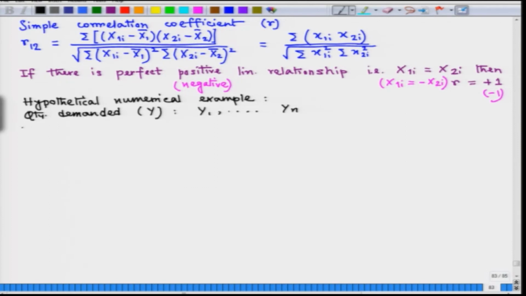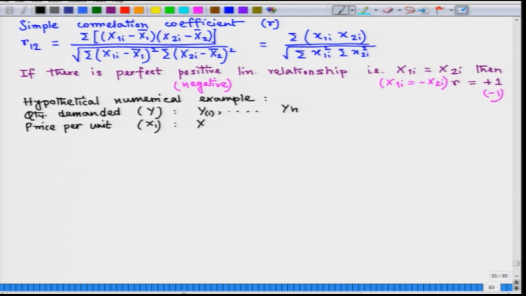Then I got two explanatory variables, one is price per unit, denote this by x1. So, I have, okay, wait a minute.